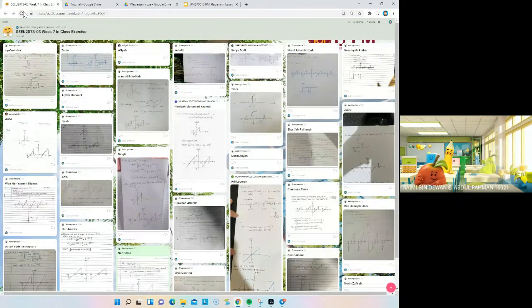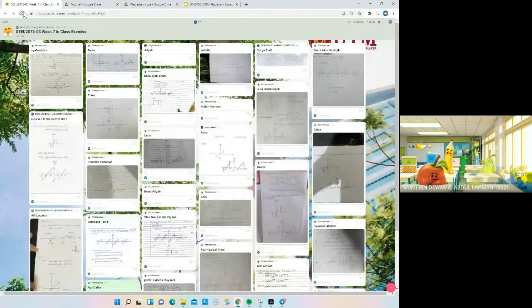So after this, you will go for EMT, and after that, third year you will take Principle of Communication. Principle of Communication requires you to pass Signal and System. So inshallah, hopefully all of you will pass Signal and System in order to proceed with Principle of Communication.